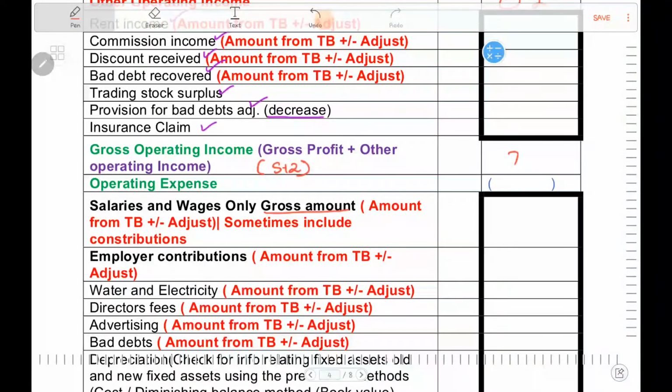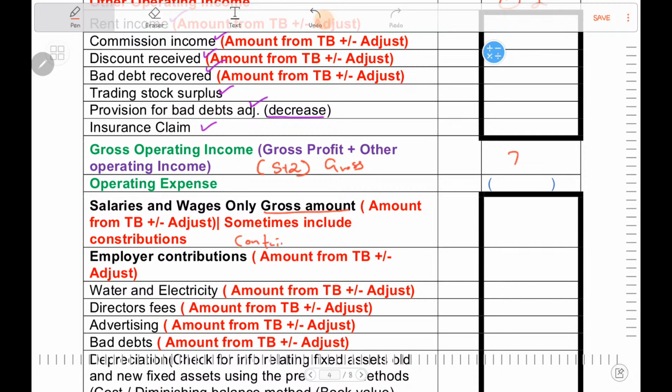Then as I was saying, under salaries and wages, if you are given the net salary or net wage, and you are also given the deductions and the contributions, just take everything and add it all together, then add it under the salaries and wages. Sometimes they combine them with the contributions, but if they treat the contributions separately, you add the gross here and that particular contribution there.